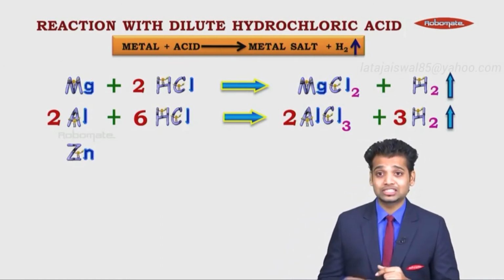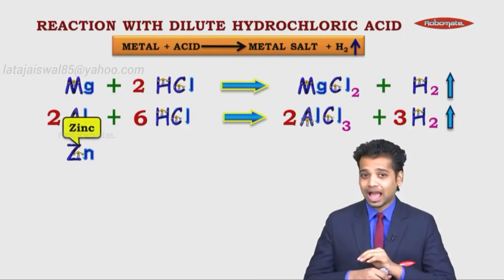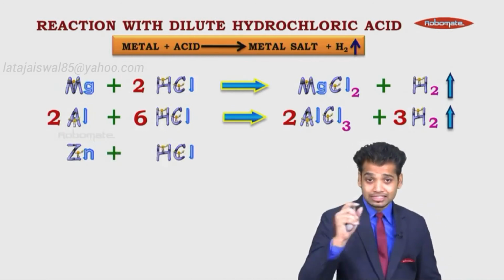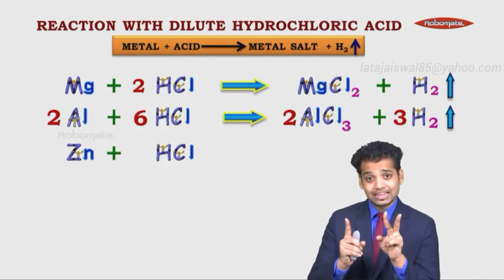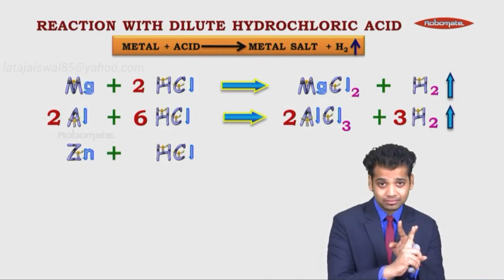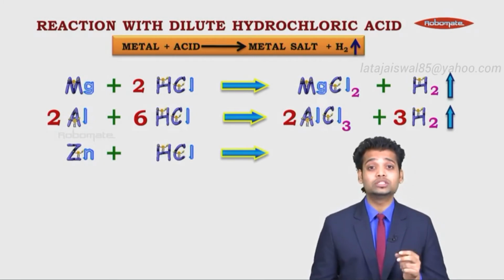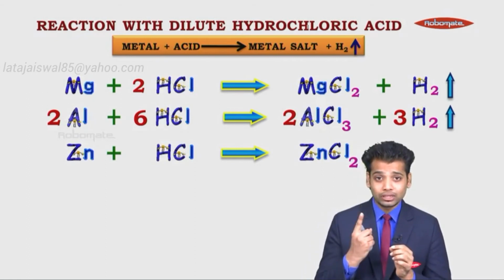Let's do one more reaction. Zinc reacting with HCl. I assure you, you can do it under a minute. Zn plus HCl. Zn is positive, H is positive, Cl is negative. So Zn is going to react with Cl. Zinc chloride plus H2. What is the formula for zinc chloride? Zn valency is 1 or 2?